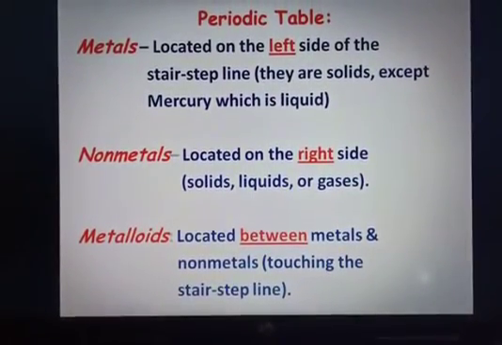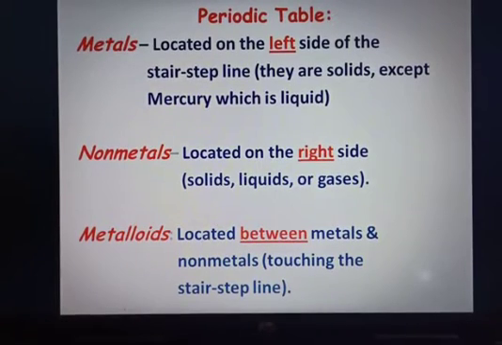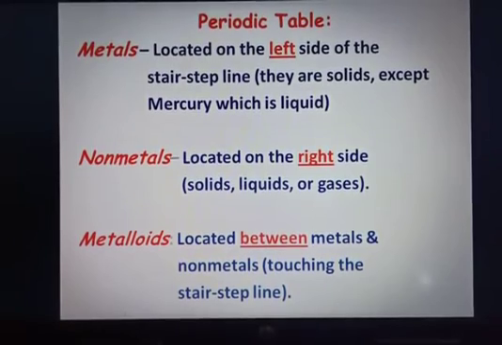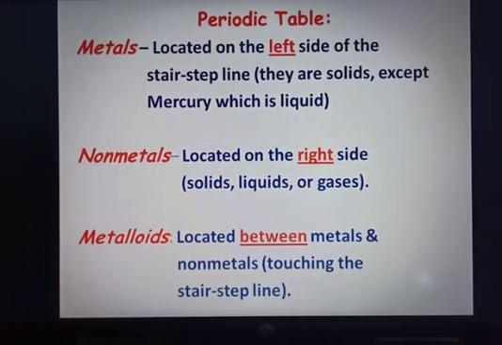When we talk about metals, these metals are located on the left side of the stair-step line, and they are solids except mercury, which is liquid. Non-metals are located on the right side, and non-metals are solid, liquid or gases.